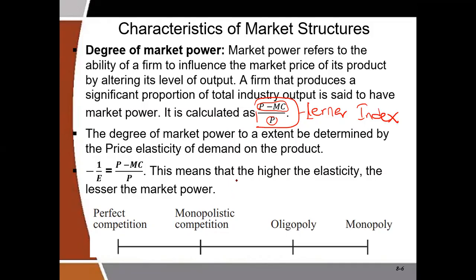Now, even though the factors I've talked about earlier have the ability to influence the degree of market power, what is also much more important is the elasticity of demand of the market, because the degree of your market power can be restricted by the elasticity. The fact that you have high market power doesn't mean that you can set prices anyhow, okay?